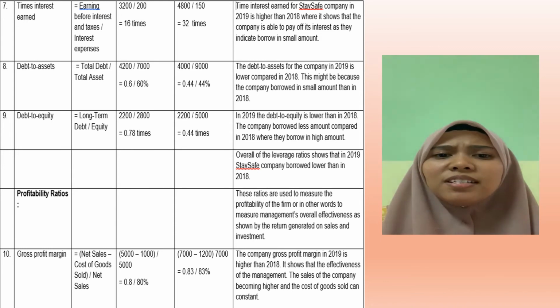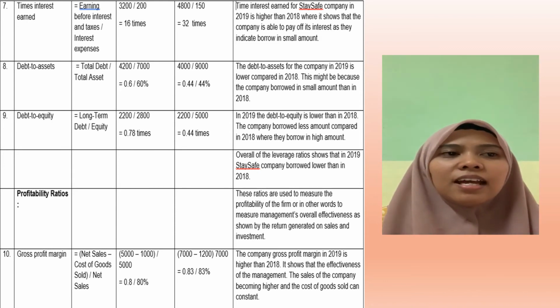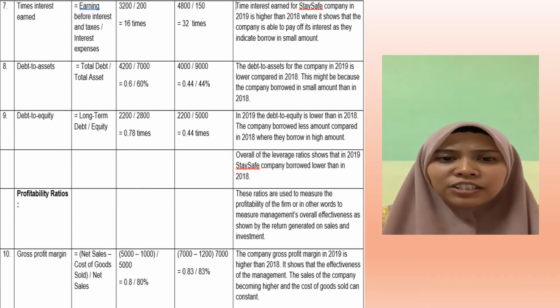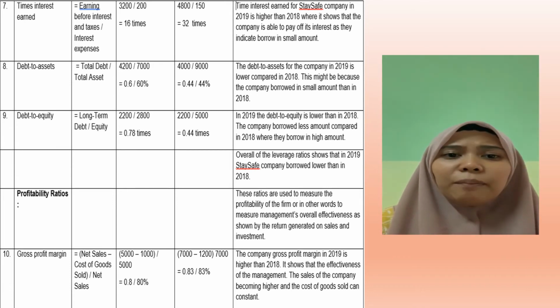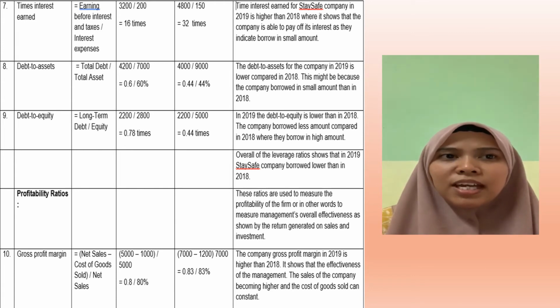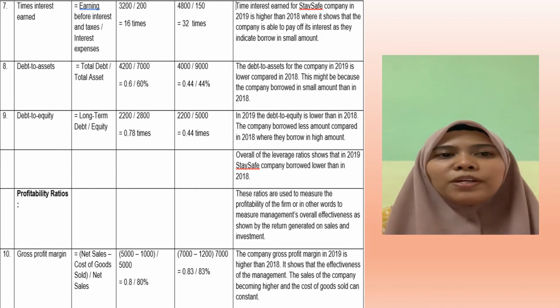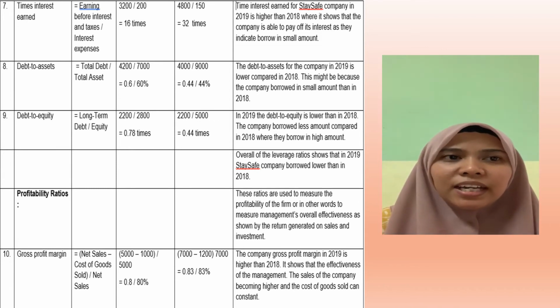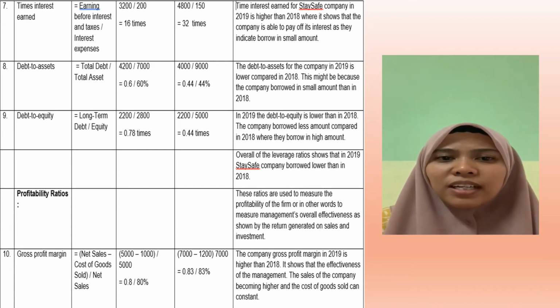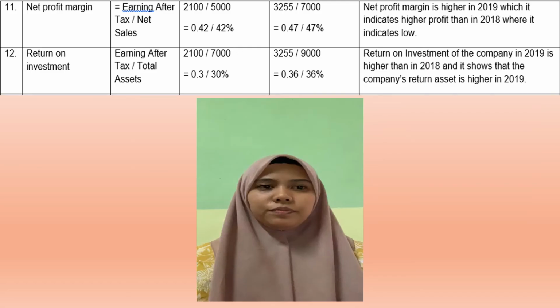Gross profit margin in 2018 is 80% compared to 2019, which is 83%. The company's gross profit margin is higher in 2019. It shows that the management is effective compared to 2018. The sales of the company are becoming higher and the cost of goods sold can be kept constant.